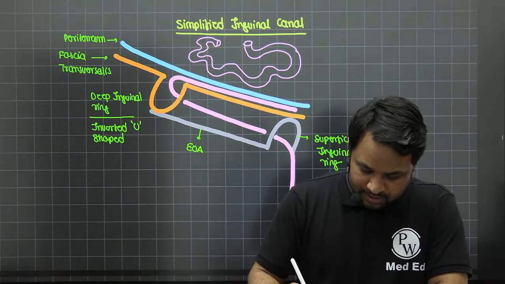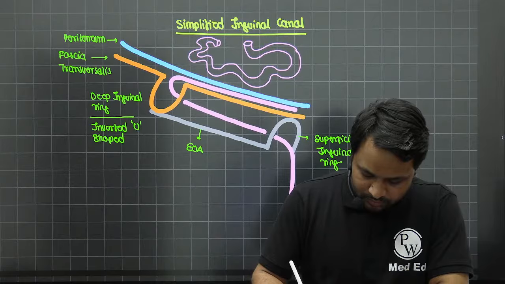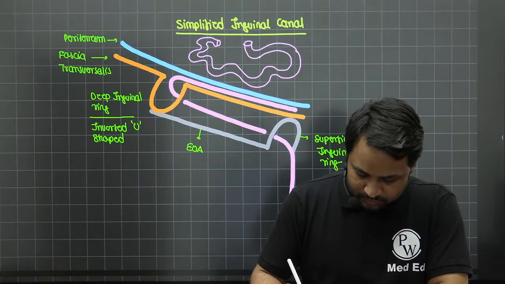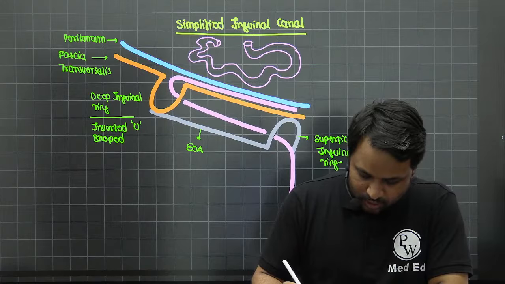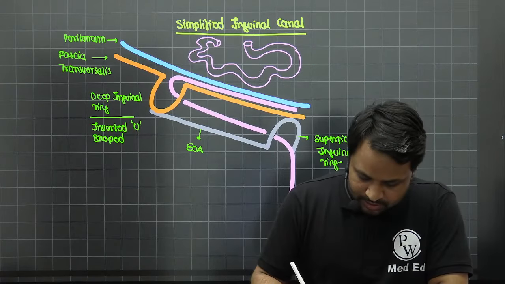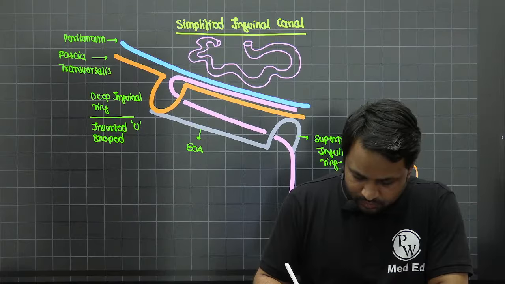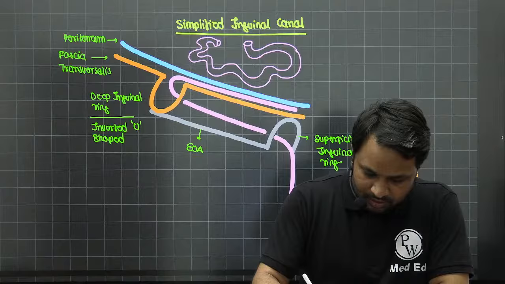Now you take this as the representation of the bladder. Let's say this is the ureter that is present. And there's a gland that is going to be present here. This is your prostate gland, right? So let's say this is the prostate gland that is going to be present here.